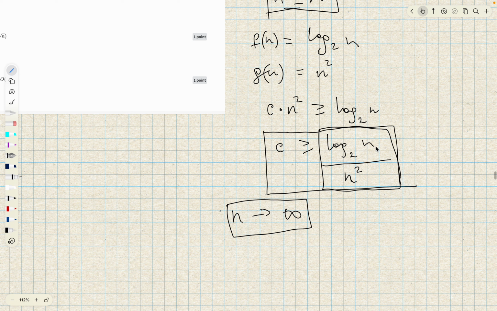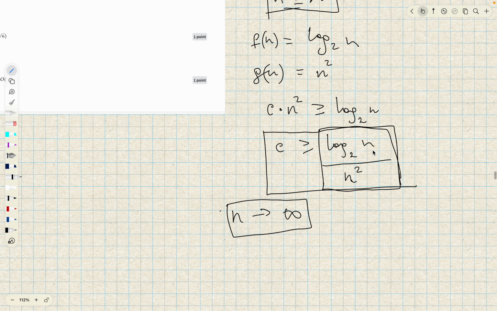This is a very important point, so I am repeating it again. The question we are asking is, as n grows to infinity, is there a point where C becomes bigger than this division, and after that point, it doesn't matter how much we increase n, C stays the same and the inequality still holds true.